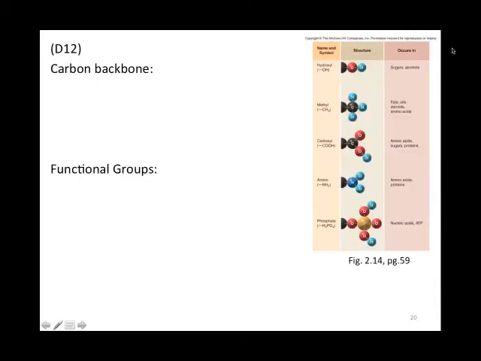All right, let's delve into a little bit of organic molecules and look at what we call the basic structure of organic molecules. Organic molecules are going to have what we call a carbon backbone, where carbon molecules are going to be bonded to each other and to other molecules as well. It's important to note that carbon is able to bond with 4 other atoms. Okay, that's real important to know.